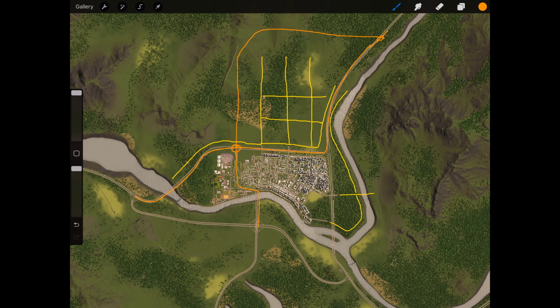As you can see, I'm following existing highways just to make sure that I'm not forgetting about anything here. The same goes for the ones further down south, in the south of Springvalley.